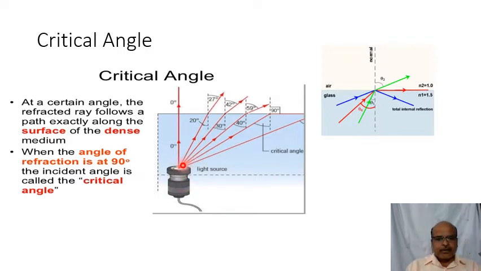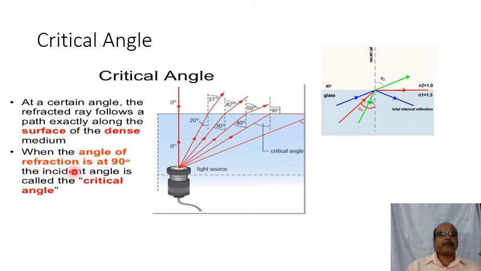Now consider critical angle in another way. This is a light source. Observe the incident angles, 20 degrees, 30 degrees, and this is 40 degrees. The critical angle is the angle at which the refracted ray makes a 90 degree angle, following the path exactly along the surface of the dense medium.